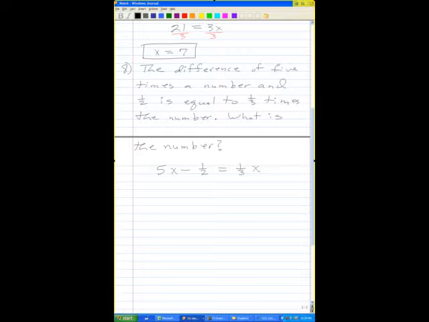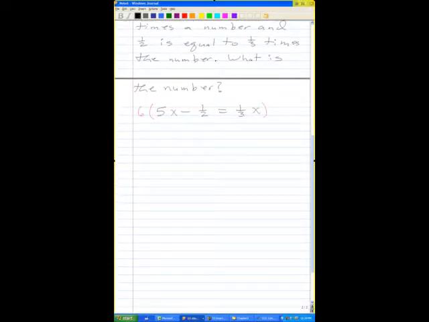Let me get rid of all the fractions. And so let me multiply both sides of my equation by the least common denominator, 6. And so I have 6 times 5x, 30x. 6 times 1/2, 3. 6 divided by 3, 2 times x is 2x.